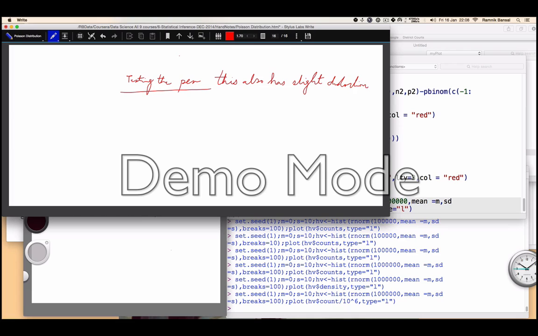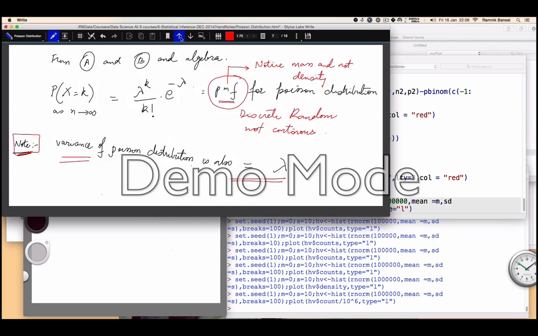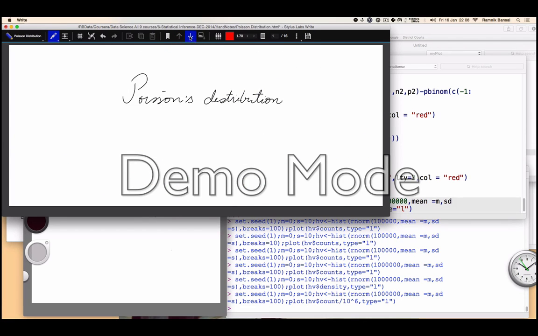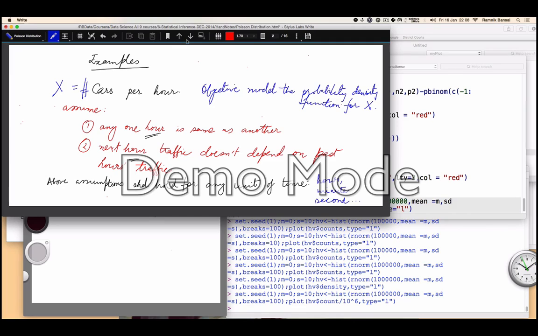Is she coming? Okay, then we'll not bother. We'll continue. But this was really important stuff. Anyways, I think we'll continue.